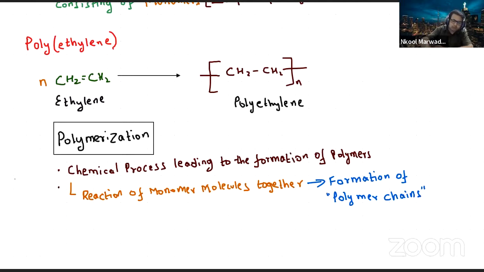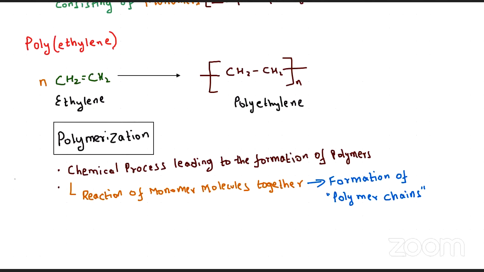So basically polymerization is a chemical reaction of monomer molecules in which the monomer molecules react together. They form long chains of compounds that we call polymer chains. And these monomers are lightweight molecules. And the macromolecules which we get after this polymerization are very heavy, bulky molecules.